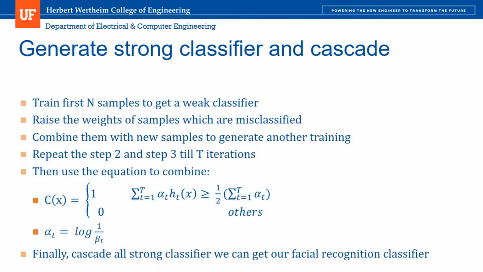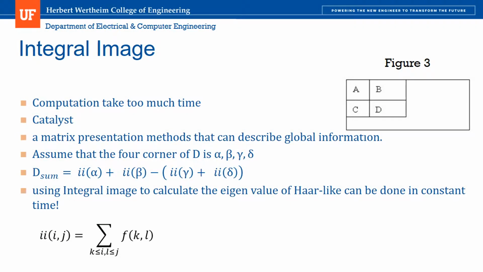Besides, after generating strong classifiers, we need to cascade them so that the misrecognition rate will be much smaller than any single one. From the introduction above to the hard cascade classifier, we can see that the calculation is time-consuming, and if we want a high-level cascade classifier, computations will take much more time.